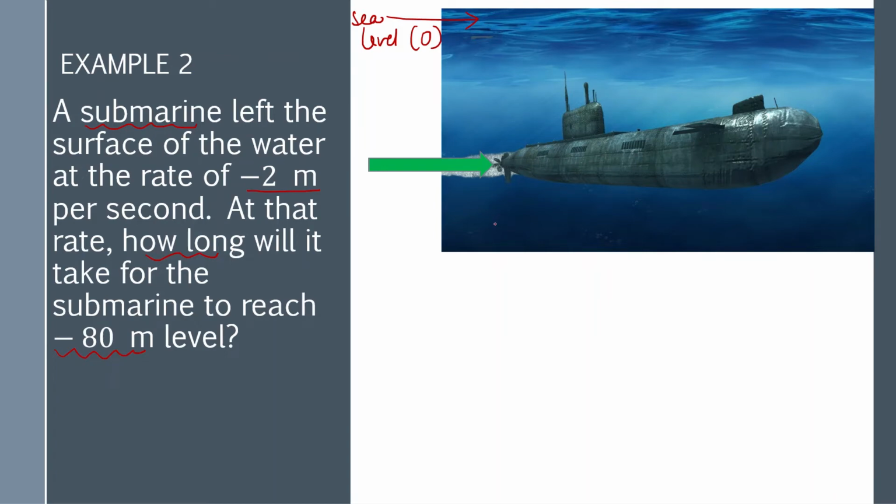As we are talking about below sea level, this position is represented by negative 80 meters. Again, the submarine is below sea level and the rate is given as 2 meters per second. So what is the distance covered? Distance covered is negative 80 meters and the rate is given as negative 2 meters per second.